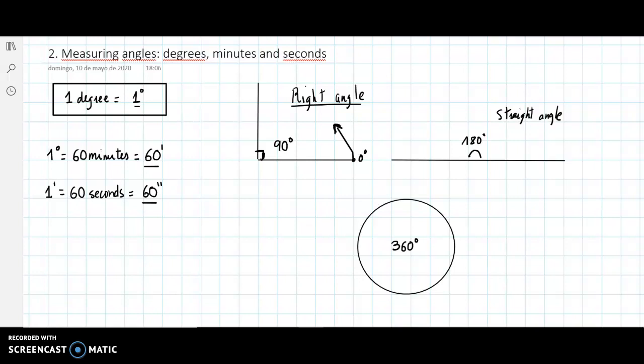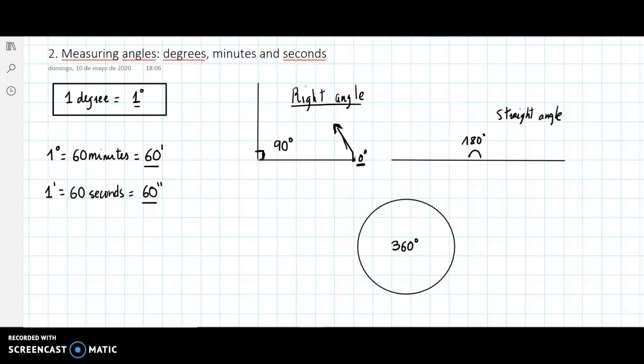We start measuring an angle from here, and we go in a counterclockwise direction, so opposite to the clock. Okay, so we start at this point, 0 degrees.